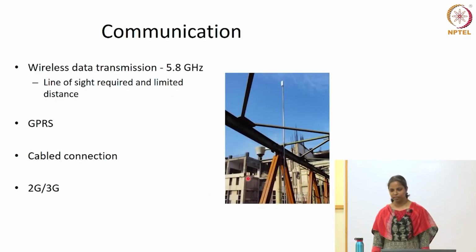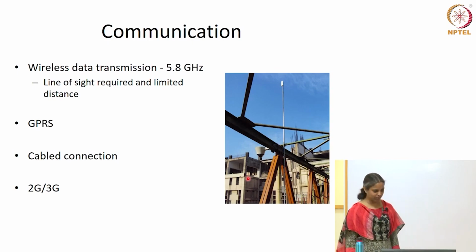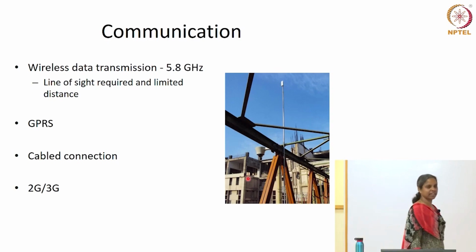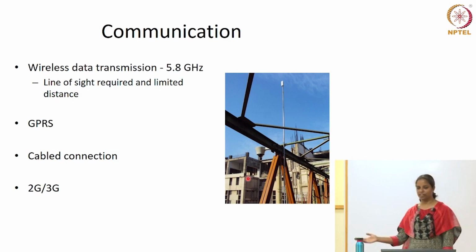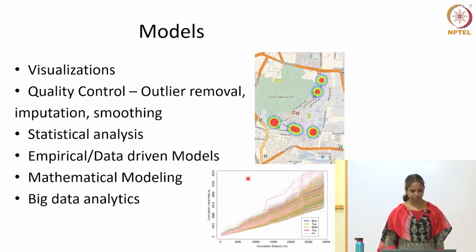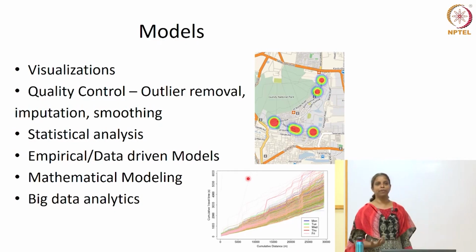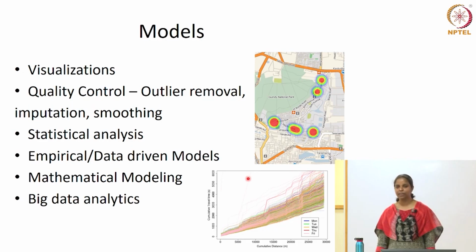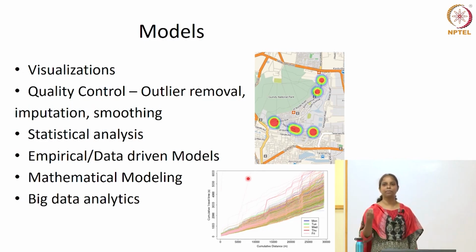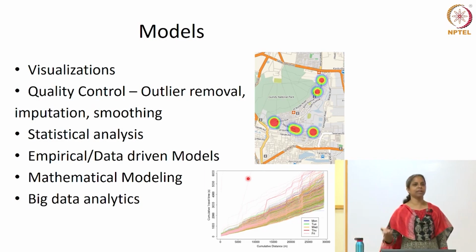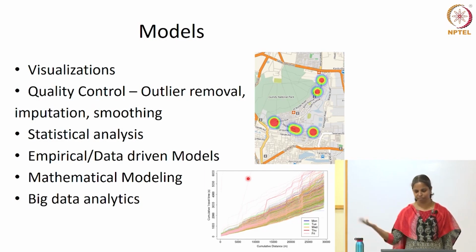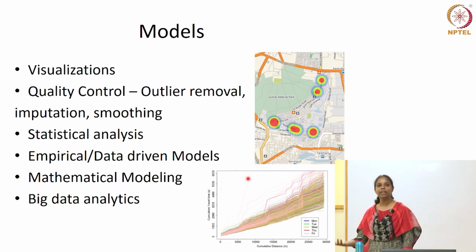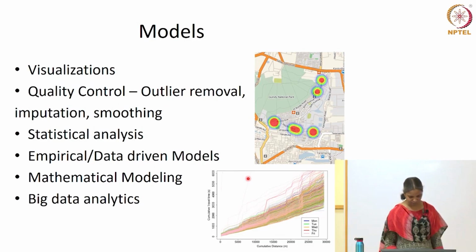For communication, we are using various technologies: GPRS, wireless data transmission, regular wired connection, 2G, 3G modems, etc. A lot of modeling happens, which again I can't get into the details of, starting from very simple empirical models to mathematical models to data analytics, all are happening. So depending on your interest, you can pick what you want to try out and then you will do it.